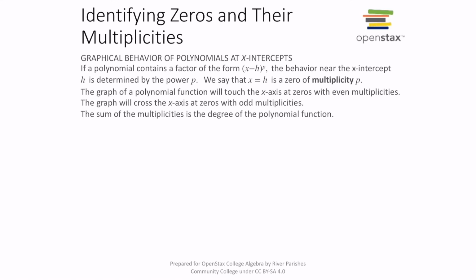Now, identifying the zeros and their multiplicities. If a polynomial has a factor of the form x minus h whole to the power p, it means that x equal to h is a zero of multiplicity p. The graph will only touch the x-axis at the zero if the multiplicity is even.